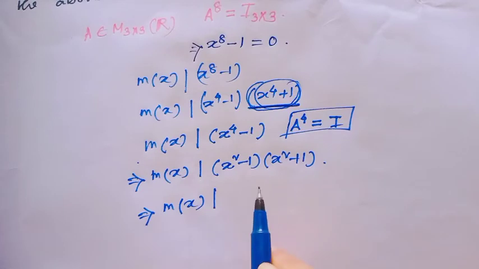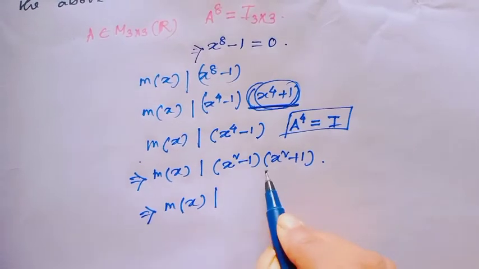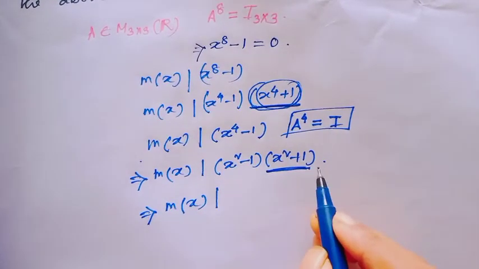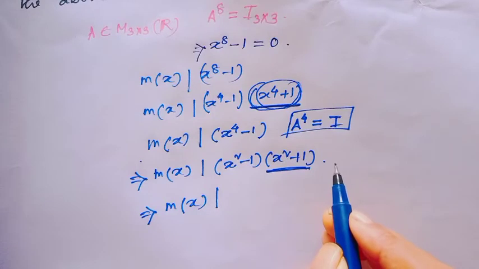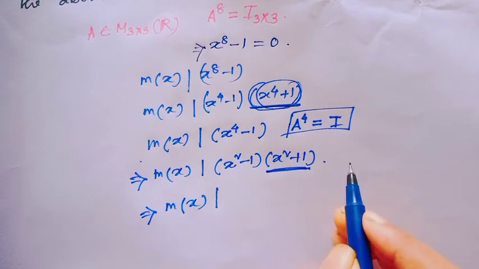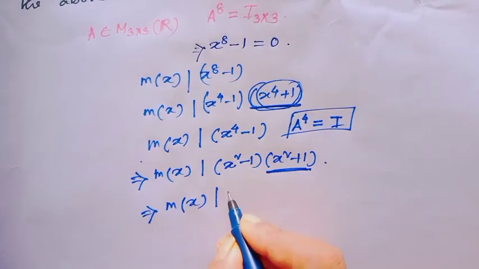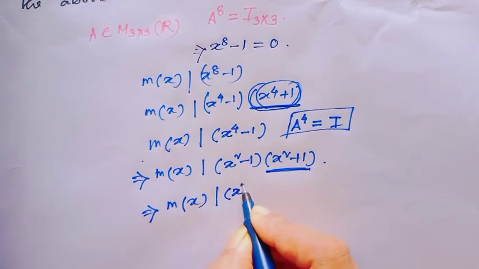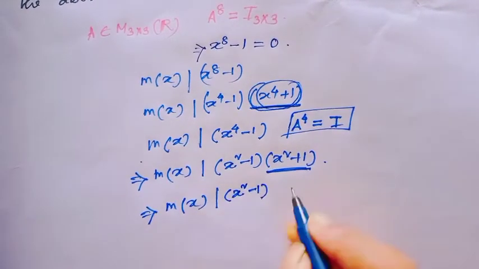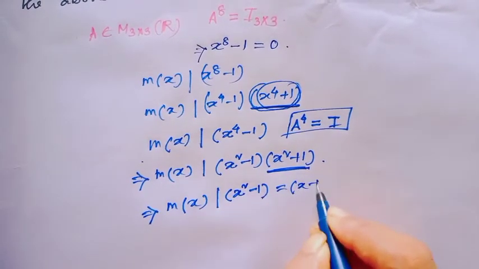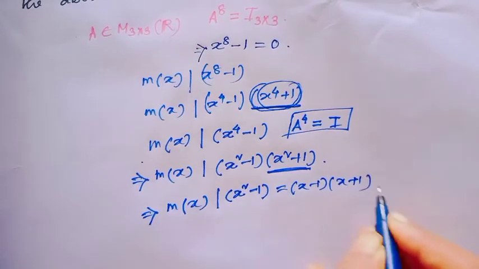Also, since here the roots are plus minus i, the minimal polynomial cannot divide x plus i or x minus i, but the minimal polynomial can divide x square minus 1, and this is actually x minus 1 times x plus 1.